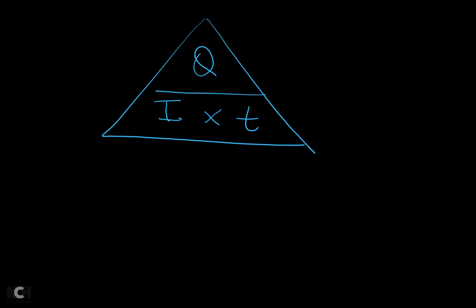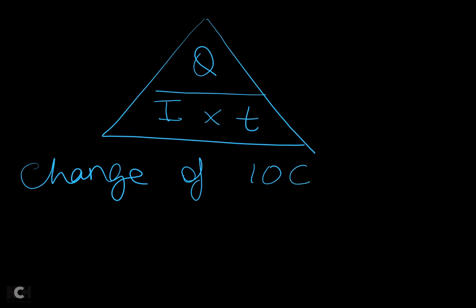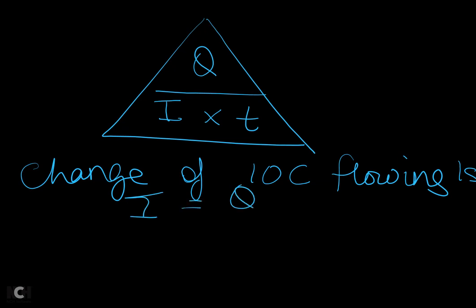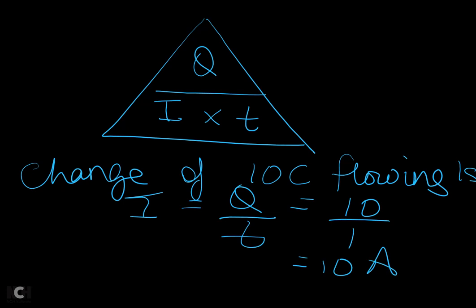So let's say that I had a charge of 10 coulombs, and it is flowing for 1 second. Then easily I could say the current flowing is Q over T, which is 10 over 1, which is 10 amps. Now this is easy because the quantities are already in the SI unit.